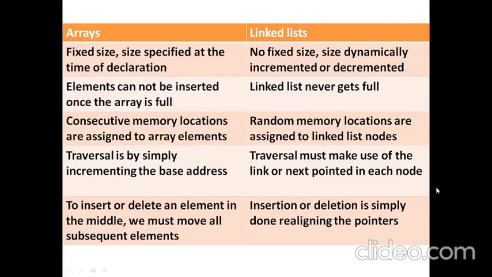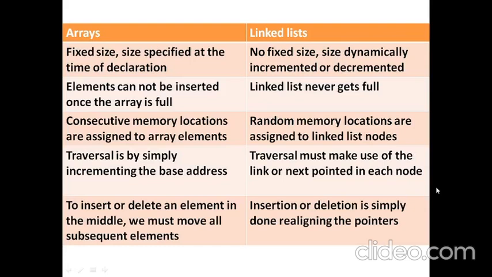Next, when it comes to traversal, the traversal of an array is much simpler than the traversal of a linked list. The reason is that arrays are made based on consecutive memory locations. So all the elements of an array are in consecutive memory locations starting from the first element.